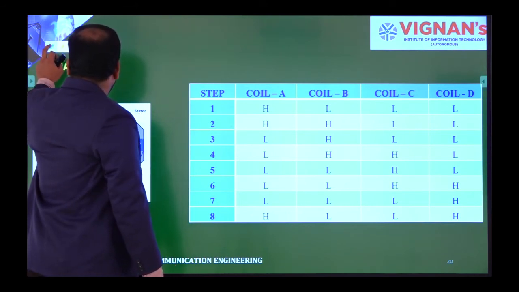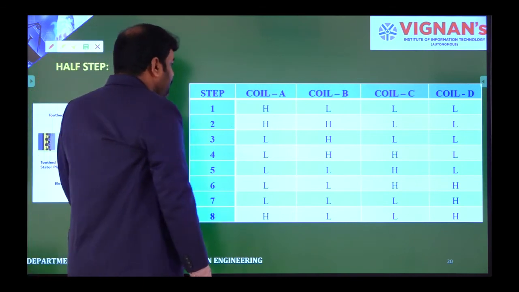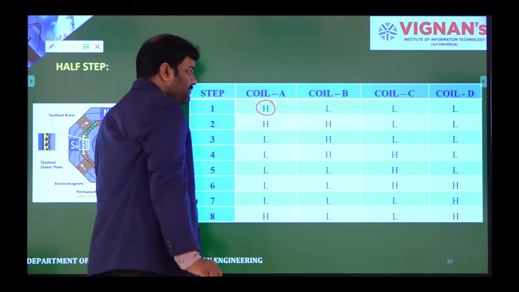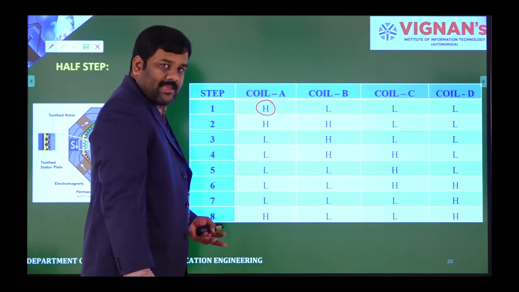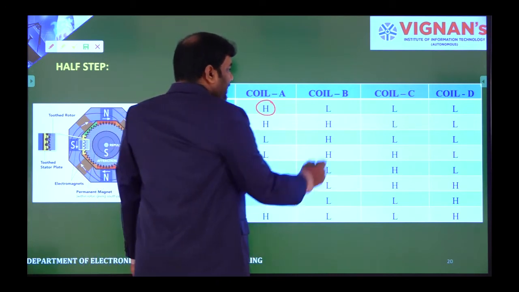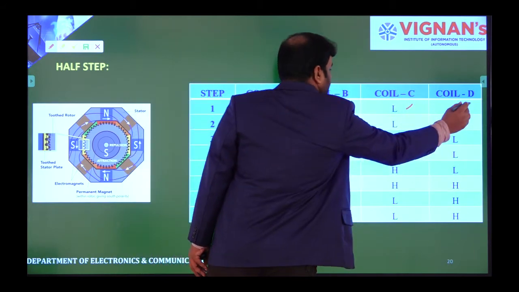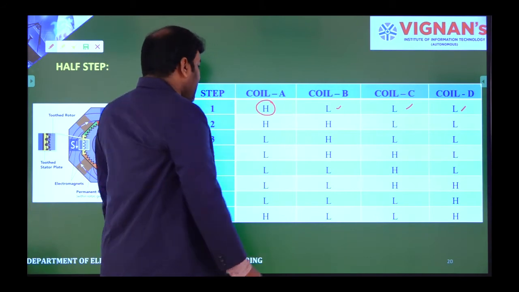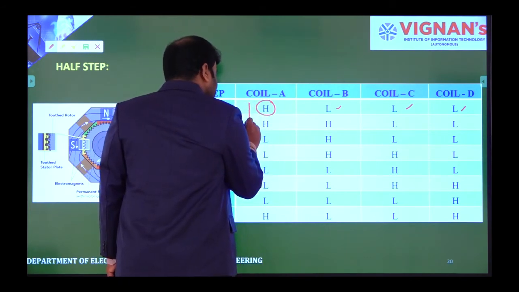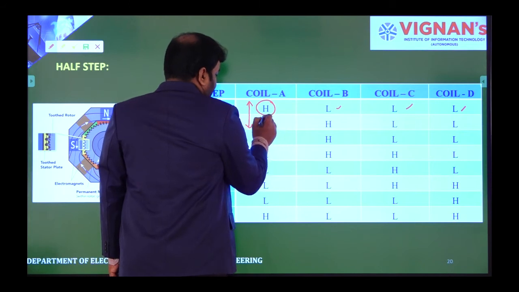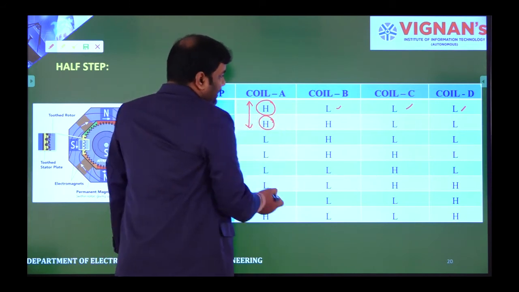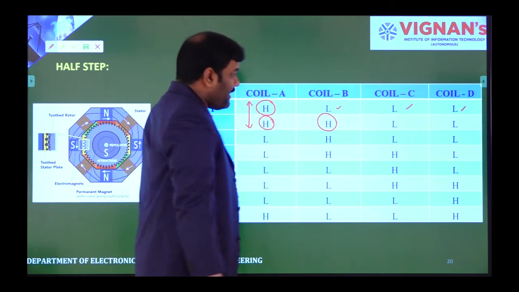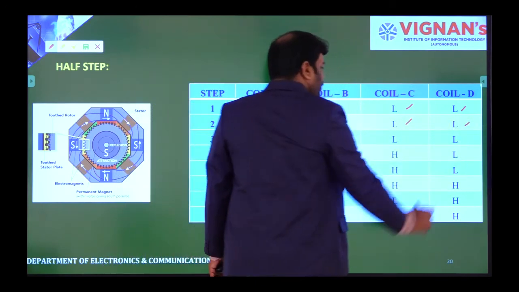So here, same as before, I am maintaining coil A as H, just like in half wave, and the remaining coil B, coil C, coil D in lower mode only. In the next step, I would like to keep this as same H. At the same time, I will change coil B to higher mode, and coil C, coil D are in lower mode only.